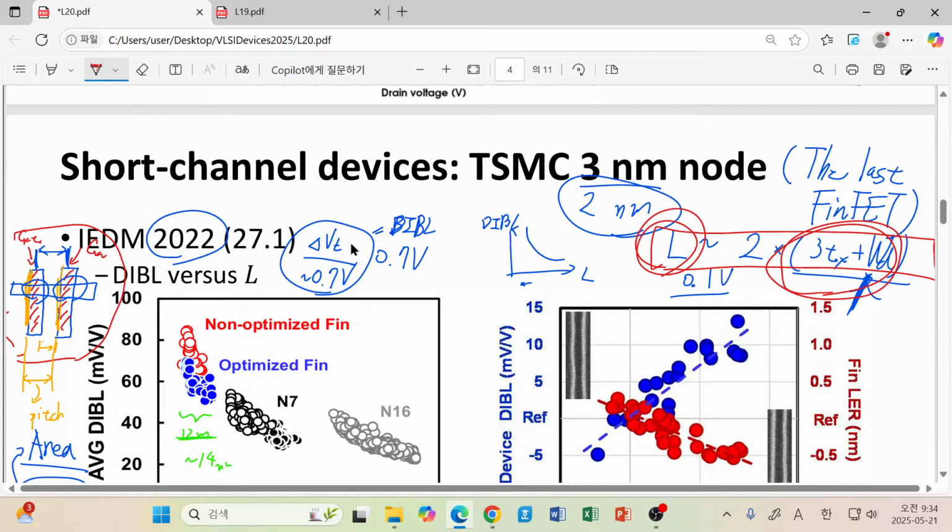So now we have to find a way to reduce the effective length scale further. And that is the main driving force to study alternative channel materials. Because people believe that, for the last few nodes, source and drain engineering played a great role and contributed quite a lot to successful next generation technology development.